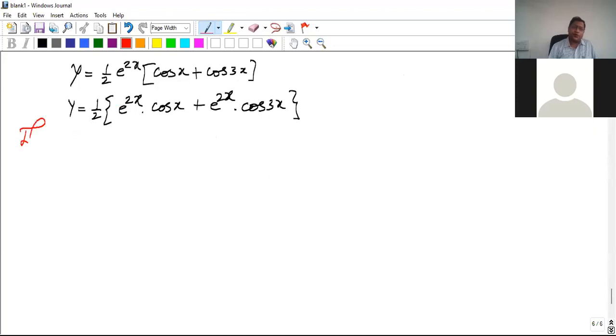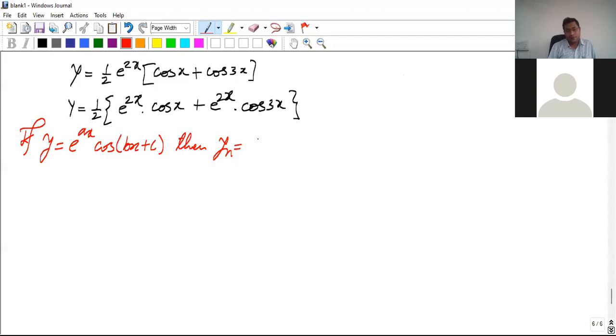Then what we know is y is equal to e raised to ax into cos of ax plus c. Then what is yn?